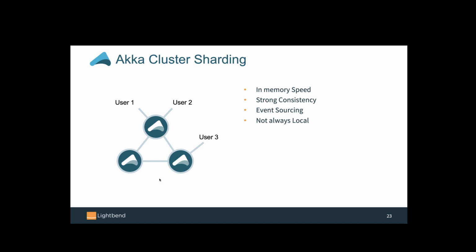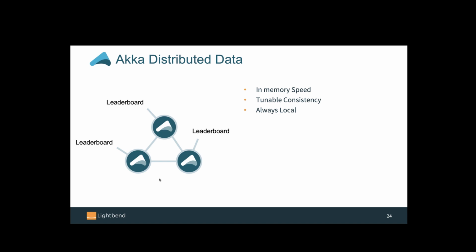So the trade-off of being able to use cluster sharding and getting strong consistency is that potentially the data may not always be local. In a lot of cases it is absolutely necessary that the data is always local, so we want to focus more on high availability as opposed to consistency.